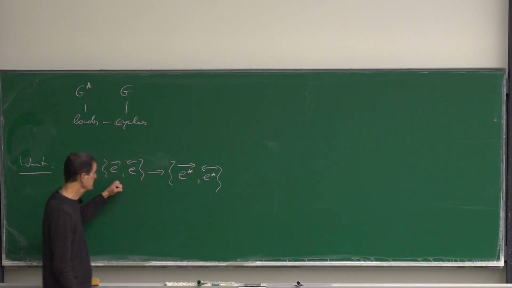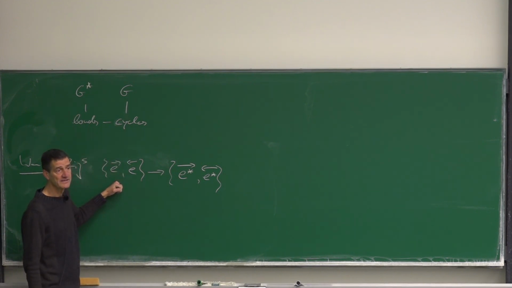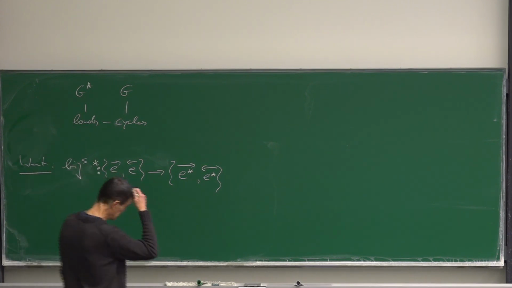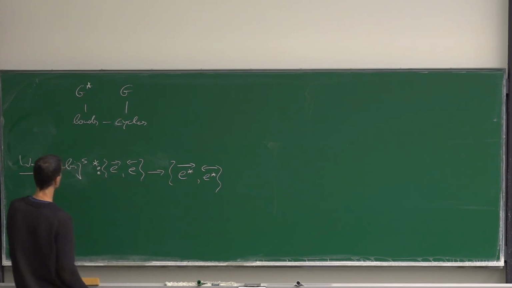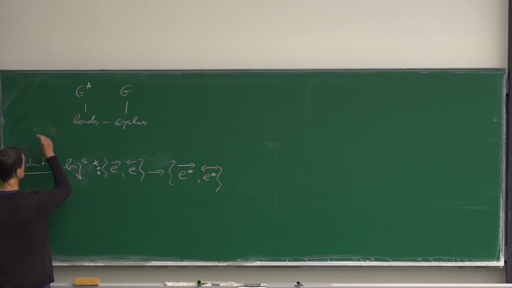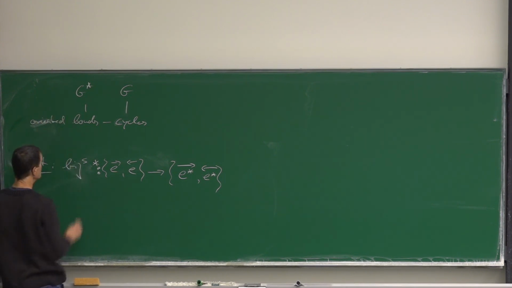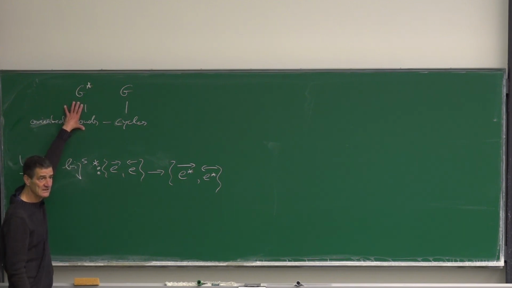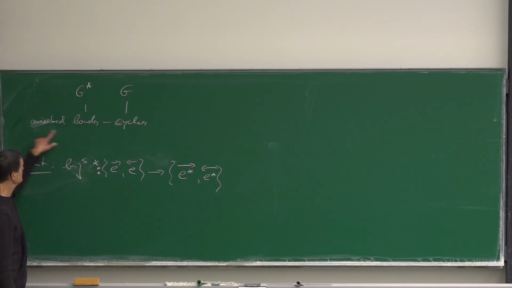Then we also have such a map on the oriented edges of G. And then we can ask, is it true that every flow on G star, which is 0 on the oriented bonds, right?